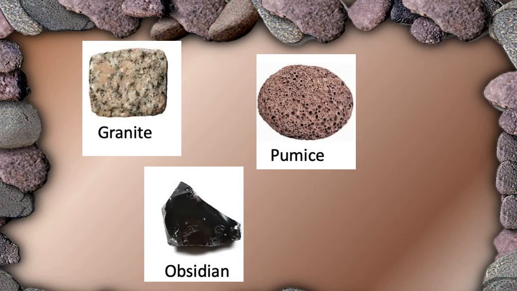But when you throw a bigger piece of pumice, it will not sink, it will not go to the bottom of the water. It will float, and you will see it floating on the water. So this is how pumice is a special kind of rock.